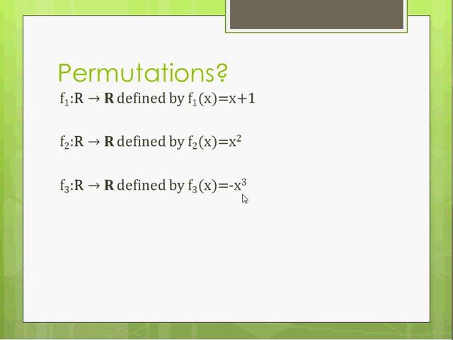Third function, negative x cubed. Just let you think about it for a second. And that is one-to-one and onto. How about e to the x? E to the x is one-to-one.